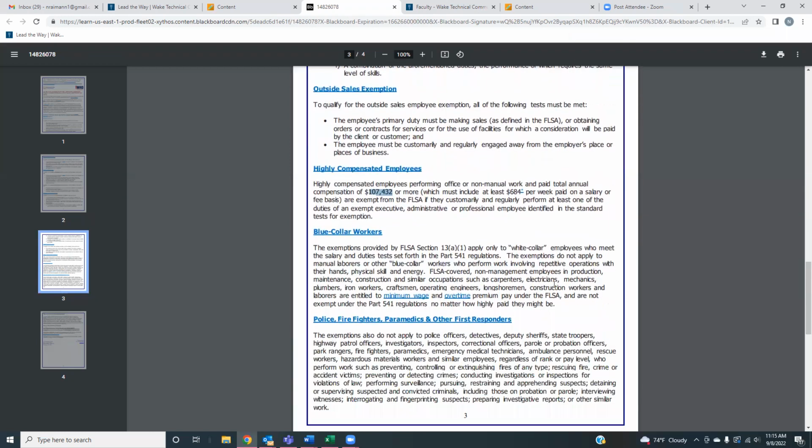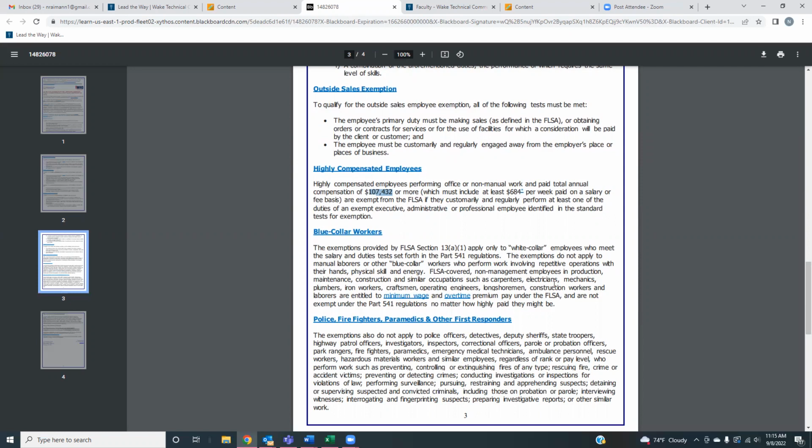Let's go ahead and take a look at blue collar workers. Blue collar workers do not meet the exemption, meaning any blue collar worker, anyone who has repetitive motions, has a physical skill, regardless, they have to be paid an hourly wage.